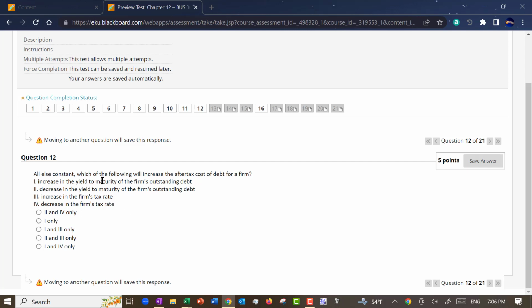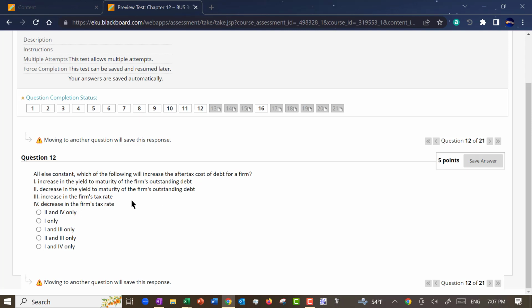All else constant, which of the following will increase the after-tax cost of debt of a firm? If the yield to maturity of a firm's outstanding debt increases, that increases pre-tax cost of debt. Hence, it increases after-tax cost of debt. So 1 is correct. 2, of course, if it decreases, the reverse will happen.